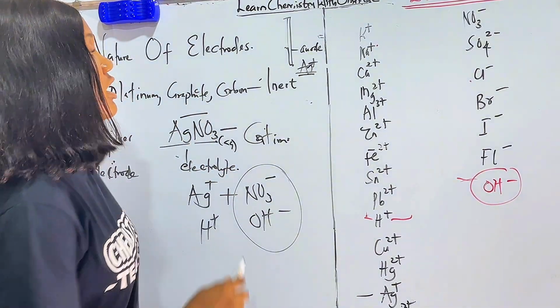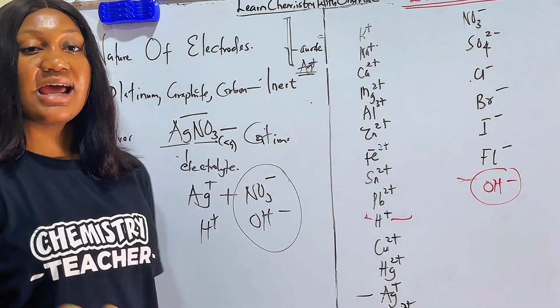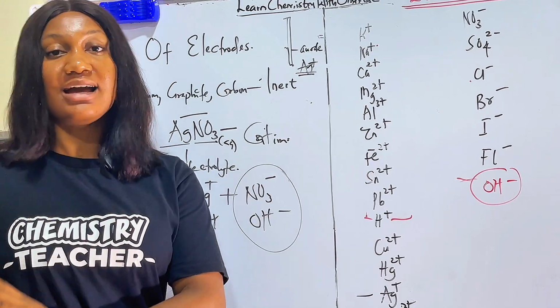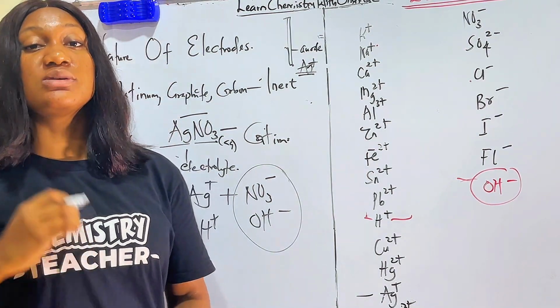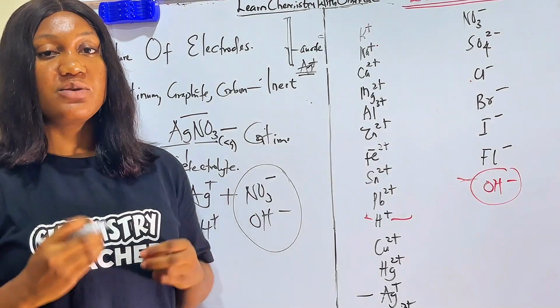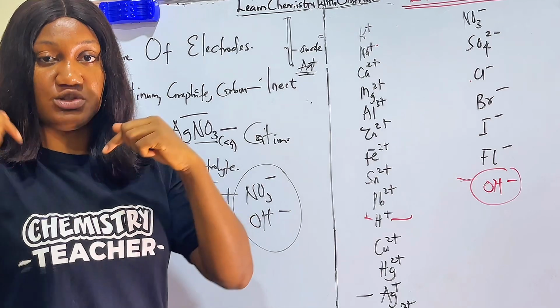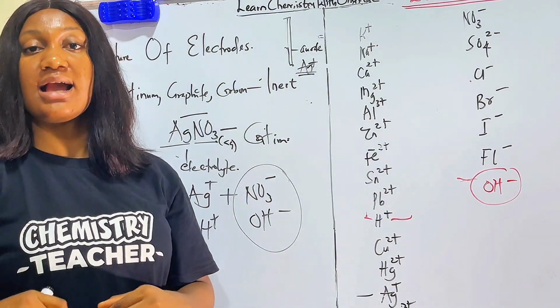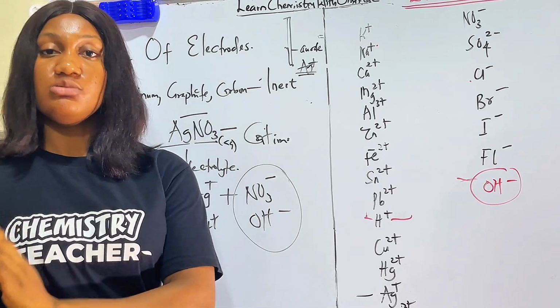Hope you got this. The mass of the anode that has been dissolved is moved over to the cathode, so the mass at the cathode is going to increase. So at the anode, the metal electrode dissolves in solution, forms its own ion, and this ion is carried over to the cathode to be deposited there.